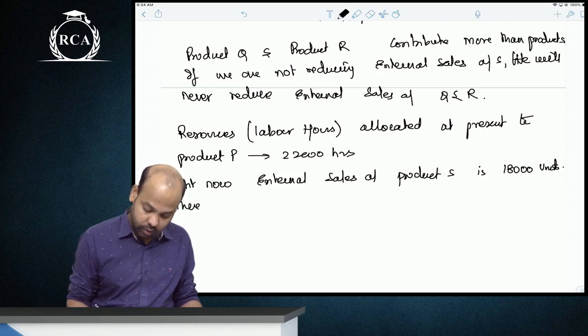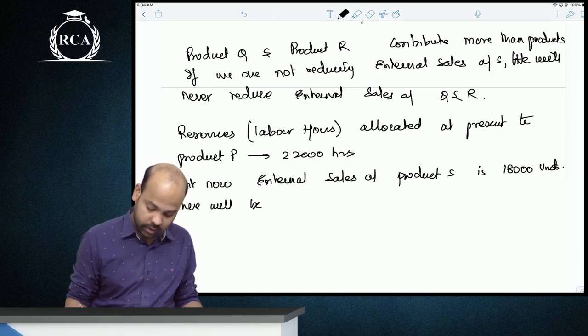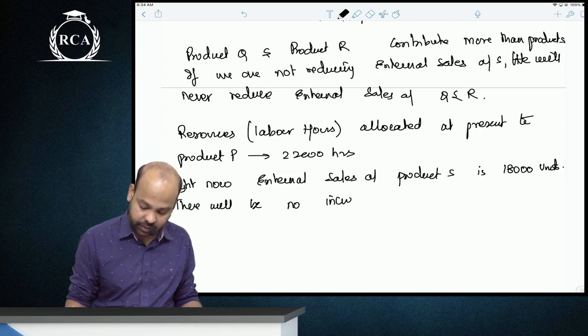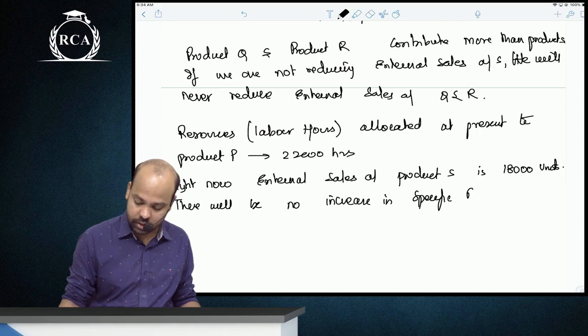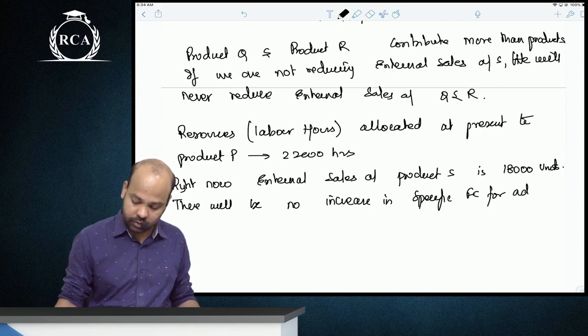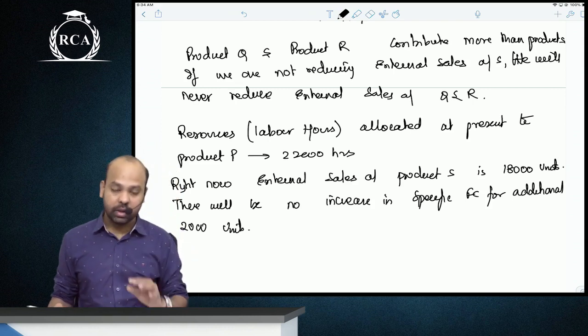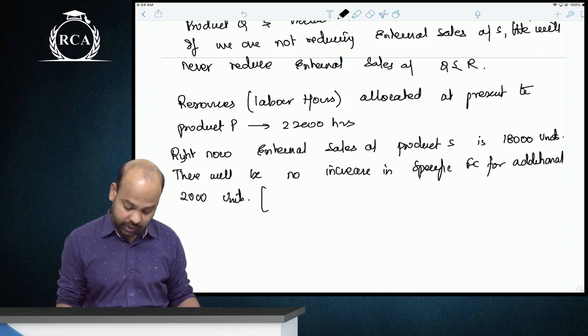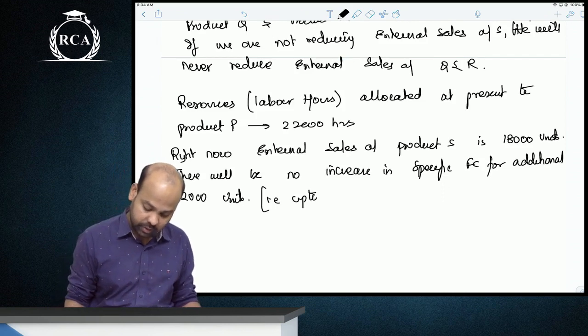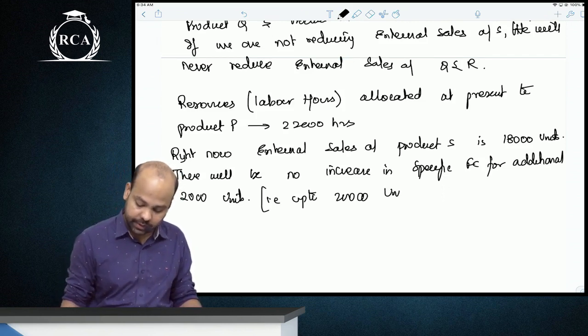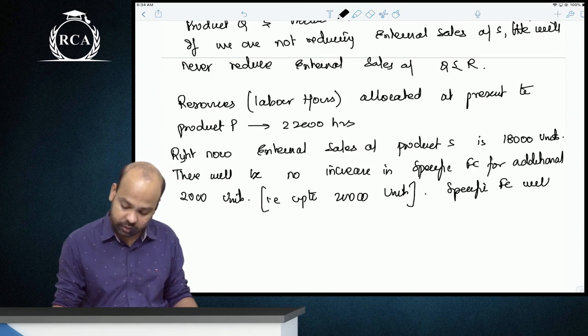There will be no increase in specific fixed cost for additional 2,000 units. Listen carefully: no increase in specific fixed cost for additional 2,000 units. That is, up to 20,000 units. Specific fixed cost will increase only beyond that. Specific fixed cost will increase only after that.